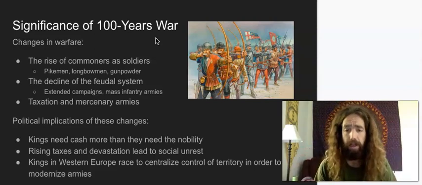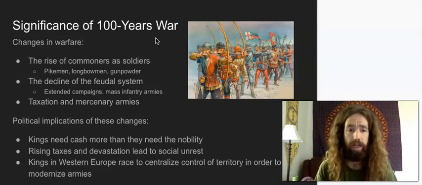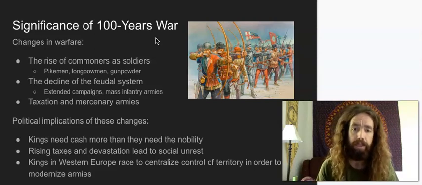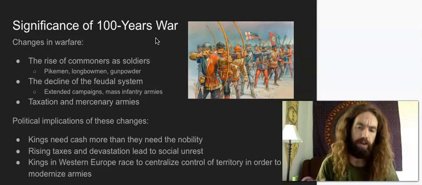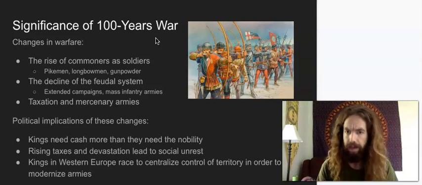The English are relying on a number of new tactics in which they are employing common foot soldiers. And these tactics that the English develop consistently defeat the French knights. What's going on here? So most importantly, the English make use of pikemen and longbowmen.